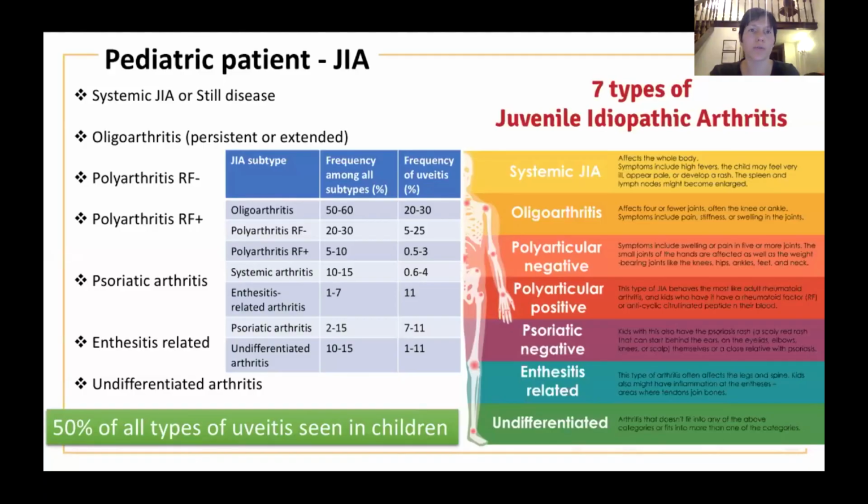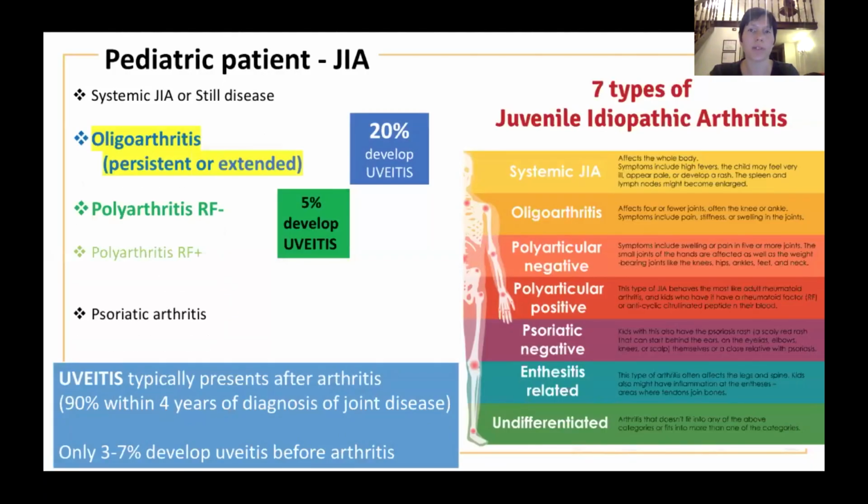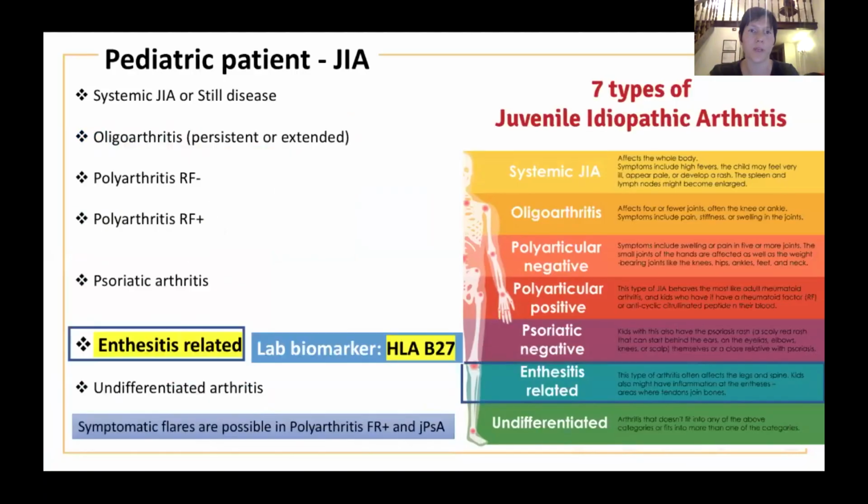And as we heard from Megan, there are 7 subtypes. Uveitis occurs in about 20% of oligoarticular JIA cases and about 5% of polyarticular cases, with more than 90% developing it within 4 years, highlighting the need for close ocular screening.